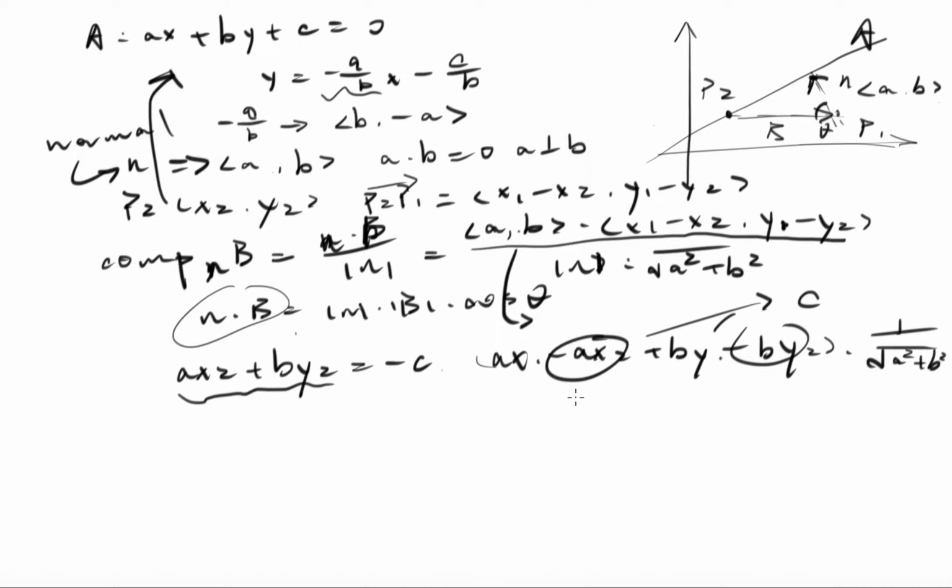So the upper portion of this whole fraction will be ax1 plus by1 plus c over the length of the normal vector, the square root of a squared plus b squared. And since we're calculating the distance, and distance is a scalar, it doesn't really matter which direction it points, so we can add an absolute value symbol here. We take its absolute value, and this is our distance formula.